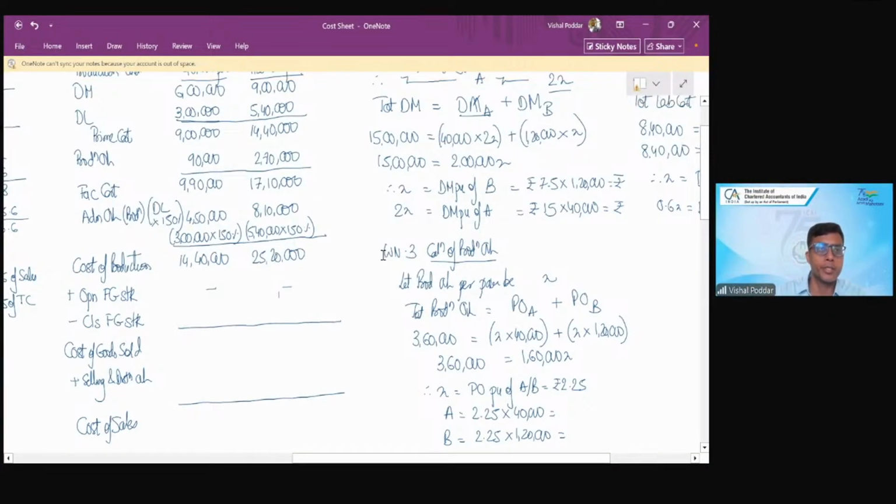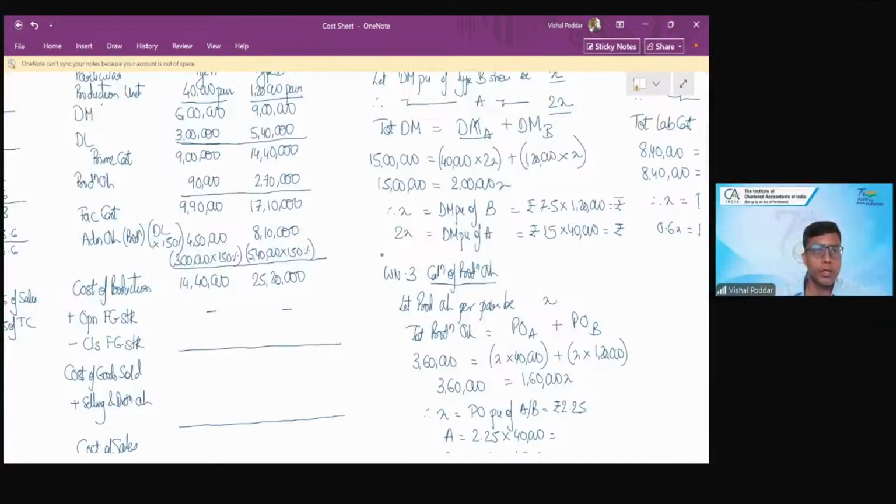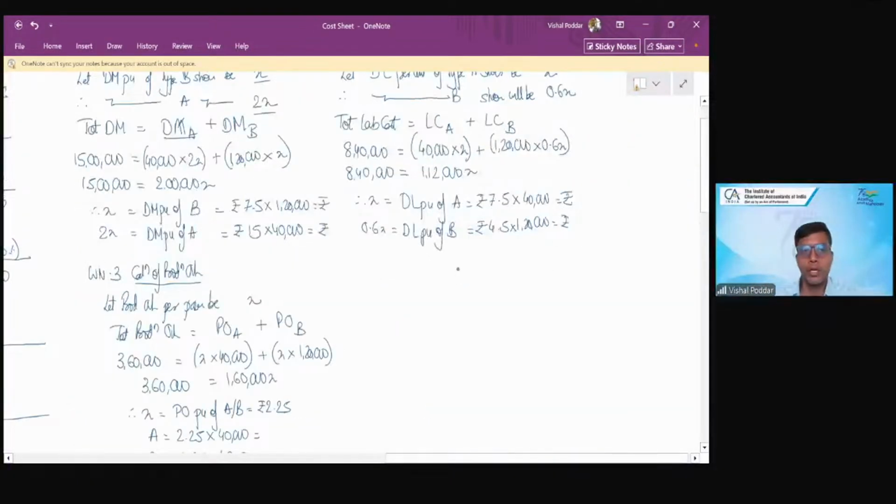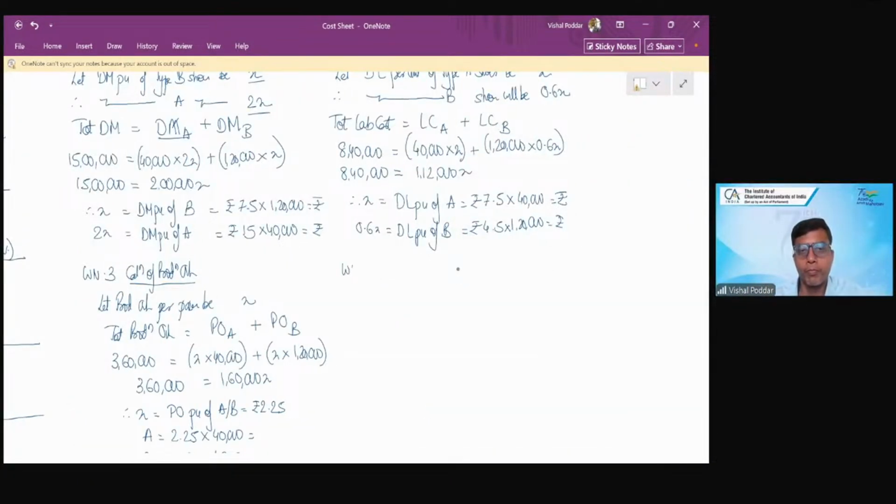Correct? Okay, let me give markings for working note 1, 2, 3. So this is 4. So what is this working note 4? Valuation of closing finished goods stock.